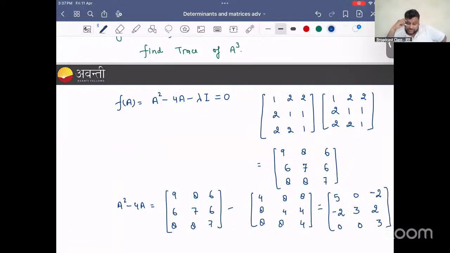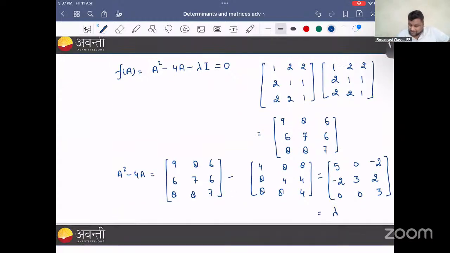All right. So it cannot be equal to some lambda I. What is lambda I? Lambda I is basically lambda 0, 0, 0 lambda 0, 0, 0 lambda. So this equality won't hold in any case. I check the calculation once again. This is 2226, okay.